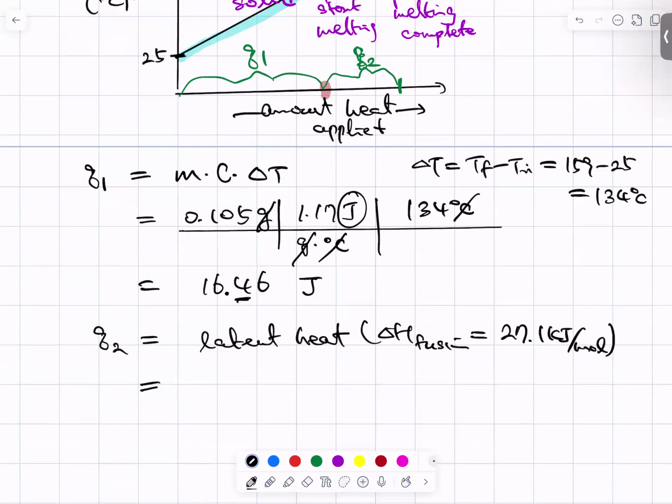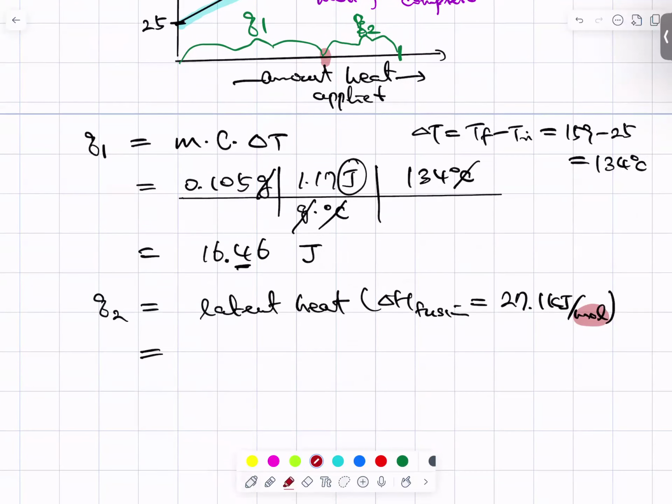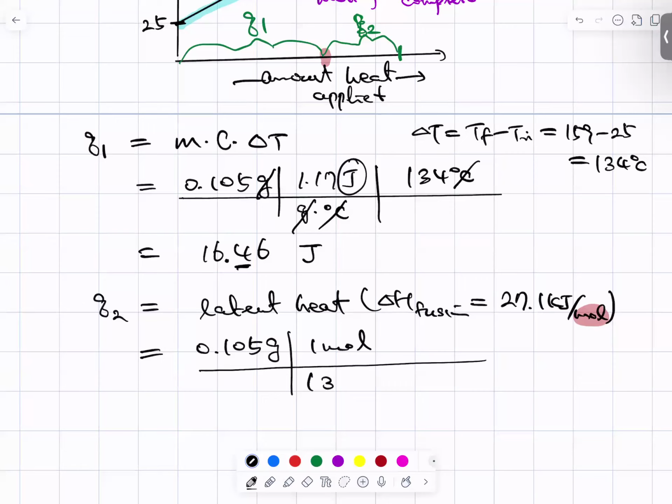Currently, grams is given, but the heat of fusion is a molar value. So we need to convert grams to moles first, and then multiply by this value. We have 0.105 grams of salicylic acid raised to the melting point of 159 degrees C, and let's convert this to moles using the molar mass of salicylic acid. 1 mole has 138.12 grams of salicylic acid.